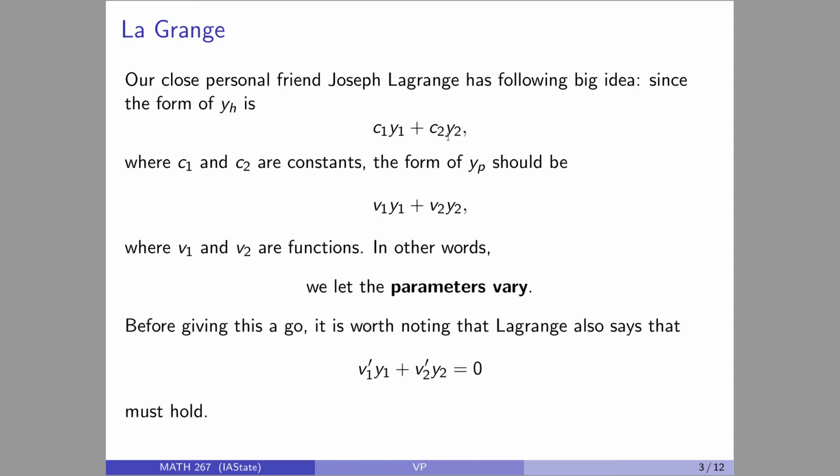It's not obvious at all that you need to also throw this in until you actually plug it in and try it and see that, oh wait, I need this, otherwise I'm in trouble. So I'm using my mathematical clairvoyance to point out that we're going to need this. Keep that in mind. That will show up. And again, we'll see why in a bit, why we're going to need this v1 prime times y1 plus v2 prime times y2 equals 0 bit.